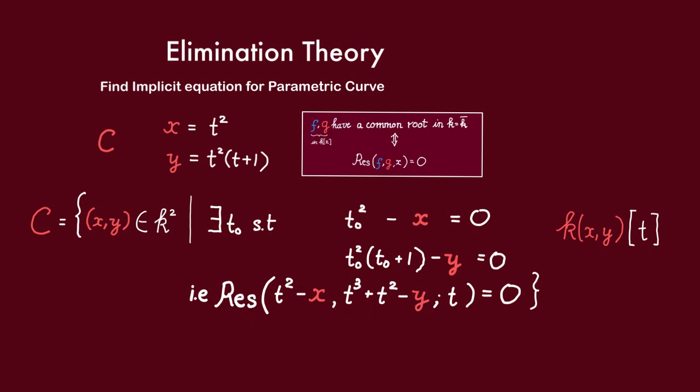So the moral here is that every time we take a resultant with respect to a variable, we eliminate that variable. When we have three variables x, y, t, and we eliminate t, what we get is a relationship between x and y, and thus an implicit equation for a curve.